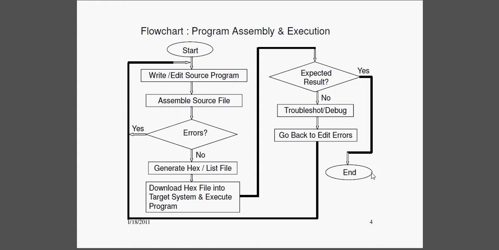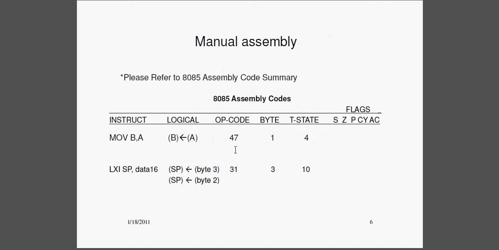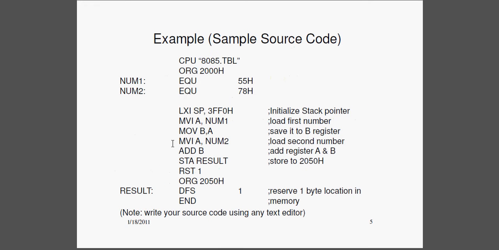Okay, this is an example of adding two numbers using the A and B registers. So here is the example where you can use whatever features that we have discussed before.